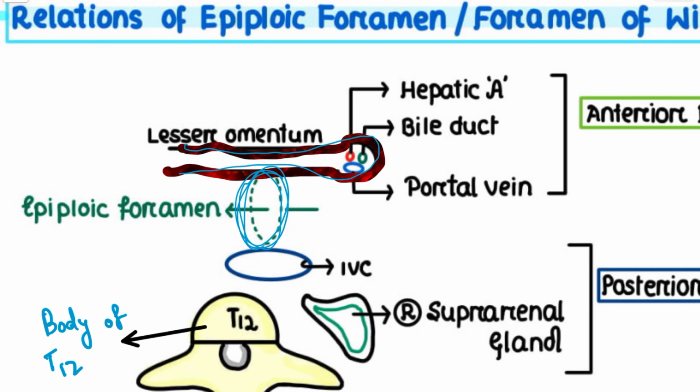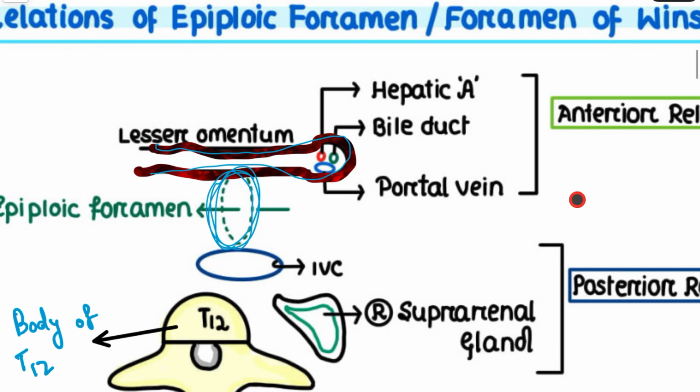So what is on the anterior side? On the anterior side, that is the portal triad. To be more specific, the most anterior is the portal vein, towards the left anterior is the hepatic artery, and towards the right anterior is the bile duct.